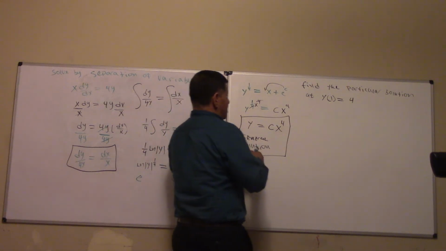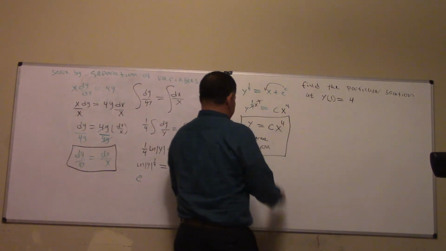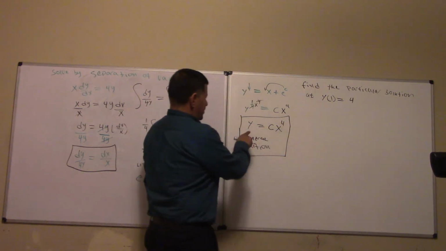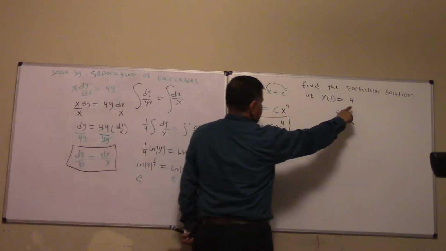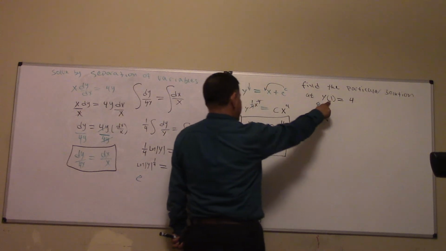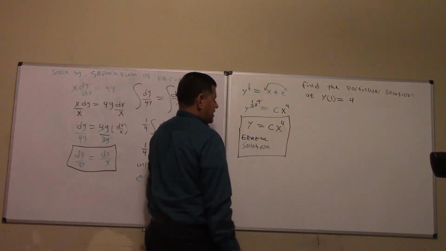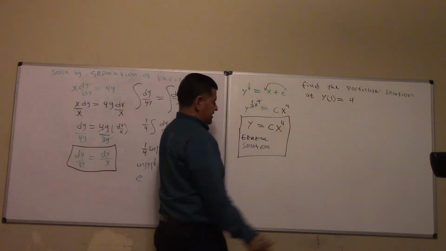So here we'll do the following. We know that this is the equation. So y is equal to 4 at x equal 1 in this case, because the variable can be anything, but in this case we have x.